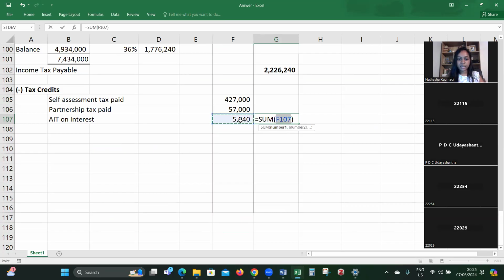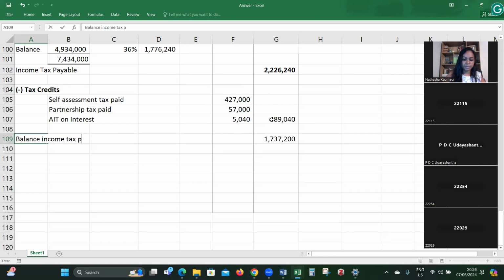I'm taking it to this side. The total is 489,040. Those are the total tax credits. Now we have the income tax payable, this amount. From that, tax credits can be deducted. We have 1,737,200 that you call balance income tax payable.